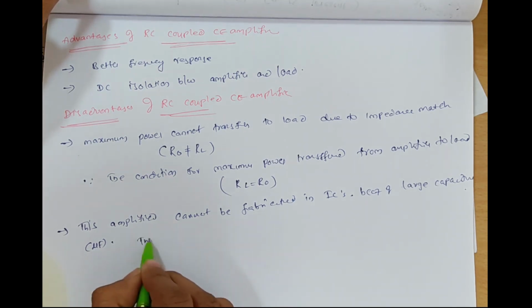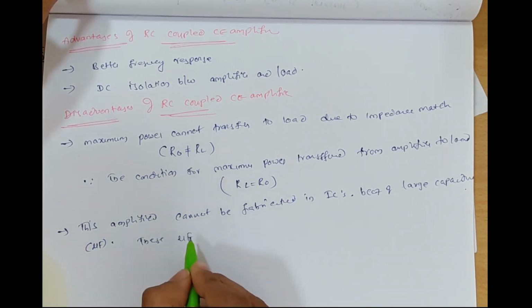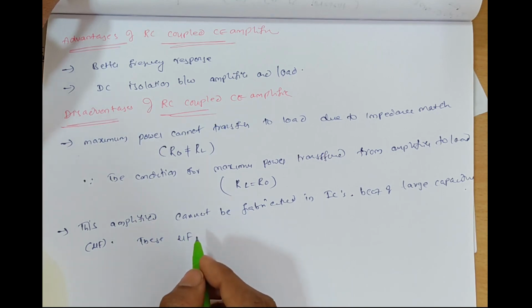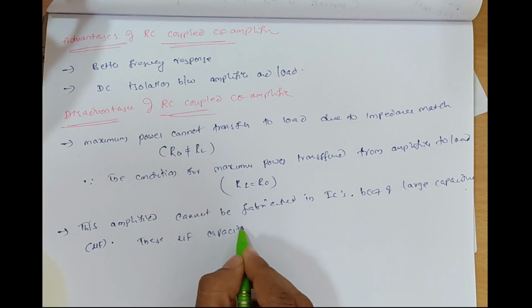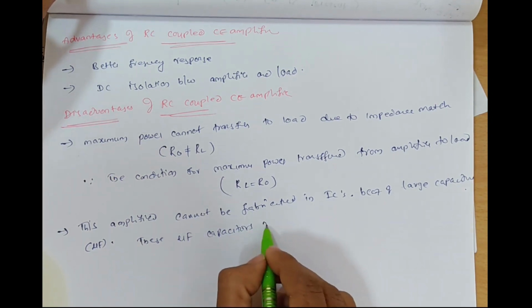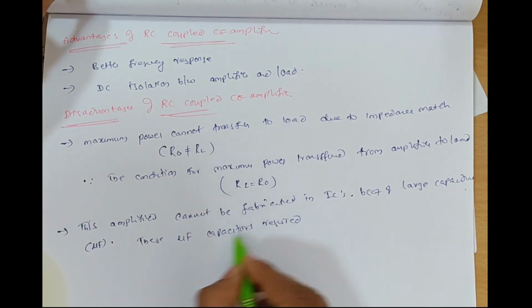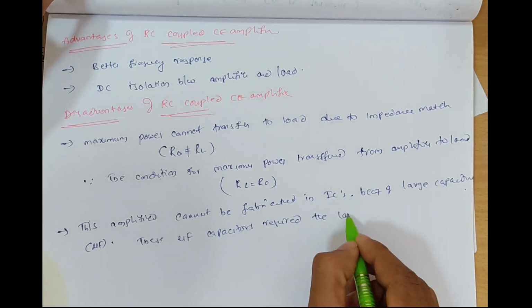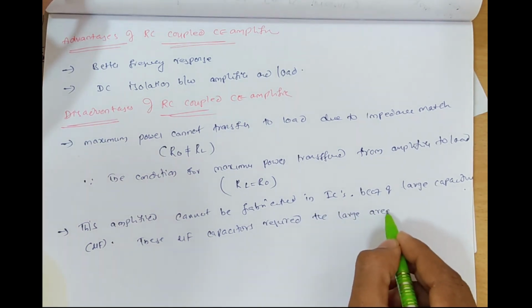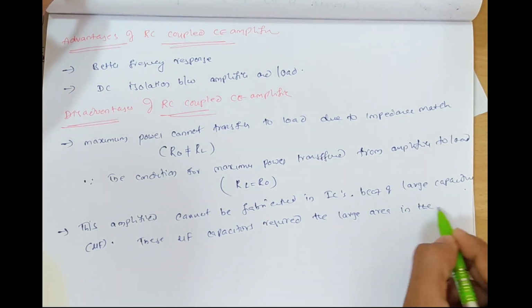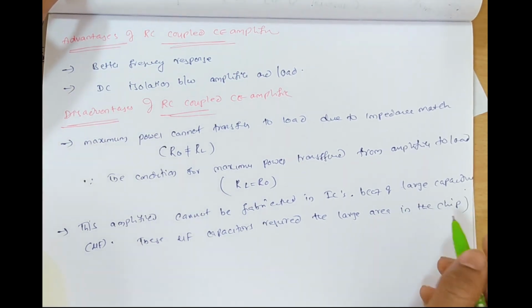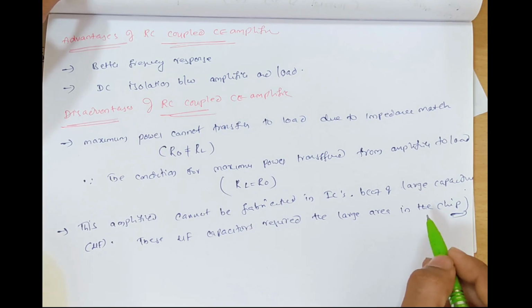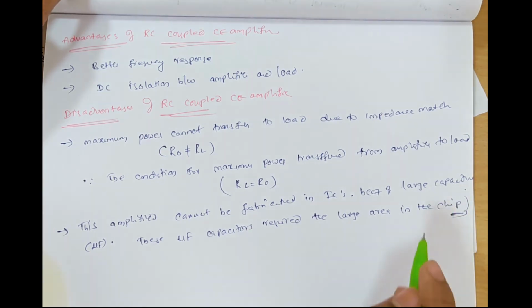These microfarad capacitors occupy a large area in the chip, so the RC coupled amplifier is not fabricated on chip.